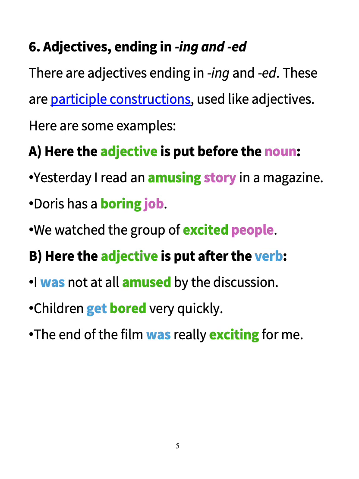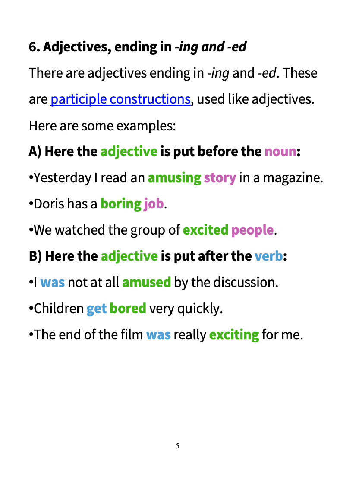Another example: Doris has a boring job. Boring ends in ing. Another example: we watched the group of excited people. Excited is not the past tense of excite here; it is an adjective describing the people, who are very enthusiastic.